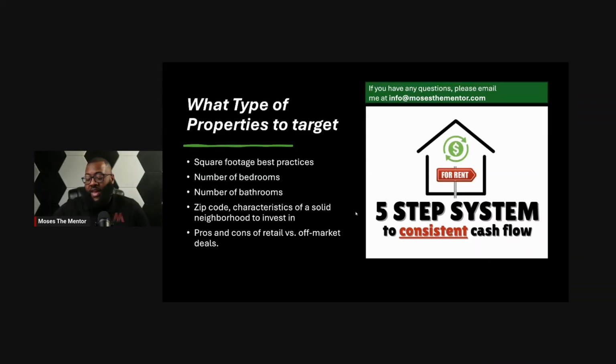But until the actual property appreciates and the balance goes down, you're not going to be able to pull that equity out. So I have several properties right now that I'm looking forward to actually pulling that equity out because I purchased them at retail.